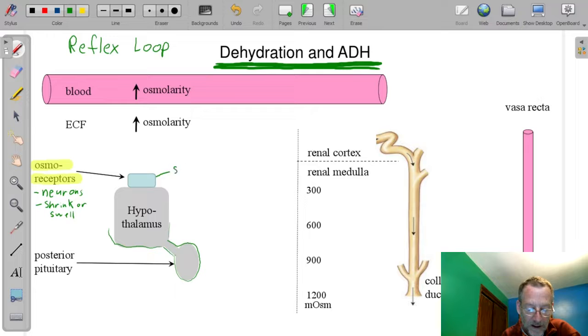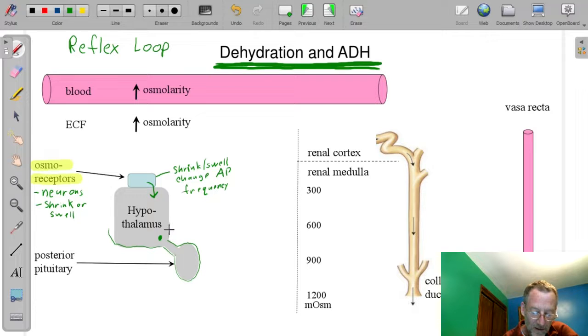So shrinking or swelling, a change of shape, changes action potential, AP, frequency. That information is then processed in the hypothalamus.